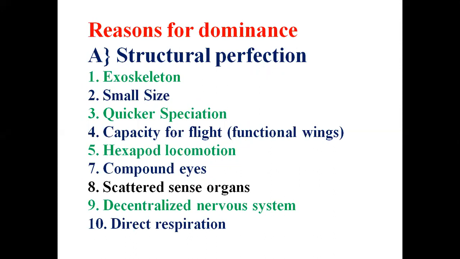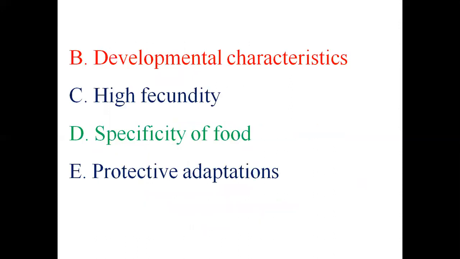From the structural perfection point of view, some of the reasons are the exoskeleton, small size, weaker speciation, capacity for flight, hexapod locomotion, compound eyes, scattered sense organs, decentralized nervous system, direct respiration, and some developmental characteristics: high fecundity, specificity of food, and lastly protective adaptation.